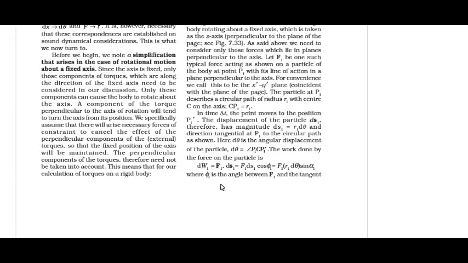We know work done is equal to force into displacement. So dW1 is equal to F1 dot ds1. We can write the dot product as F ds cos phi, so F1 ds1 cos phi1, which can be written as F1 r d theta.